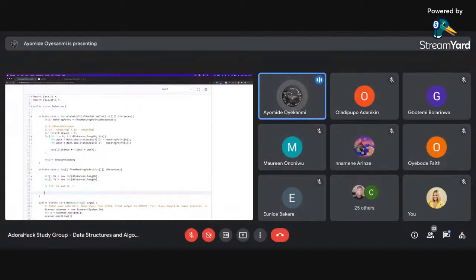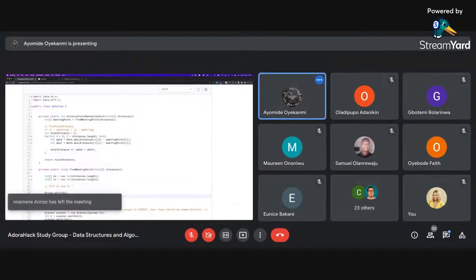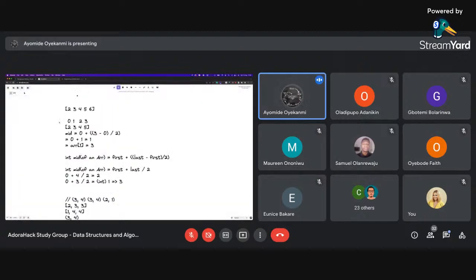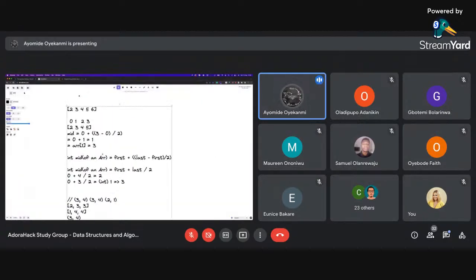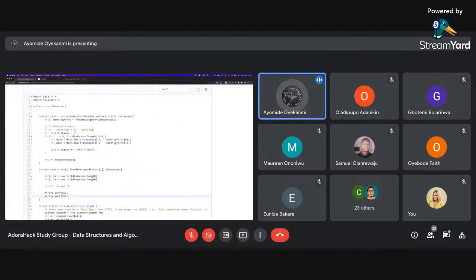But before we fill them, remember that we want to do a sort on them to make sure that they're sorted. Remember why I was sorting, right? Because we need to sort to be able to find the mid. And so when we sort both x and y, we now find the mid of x.